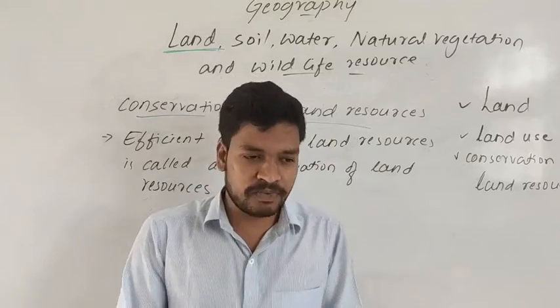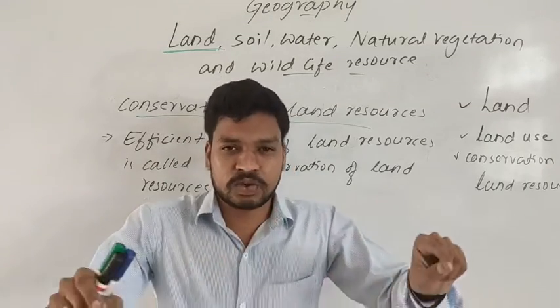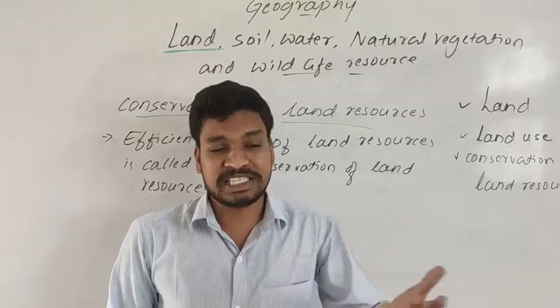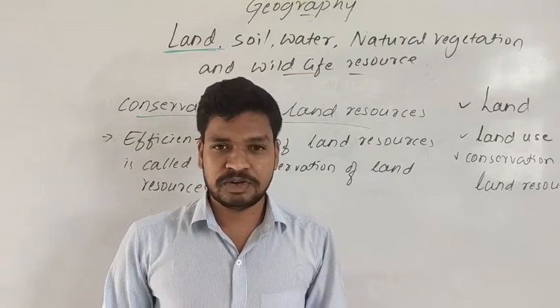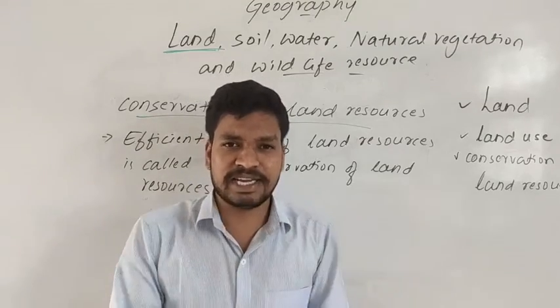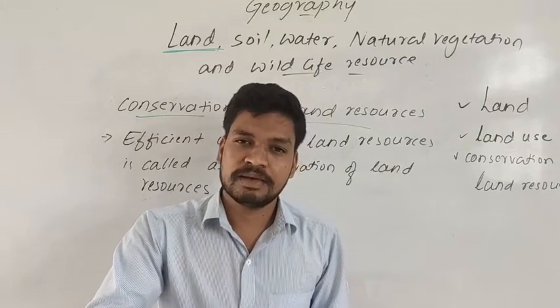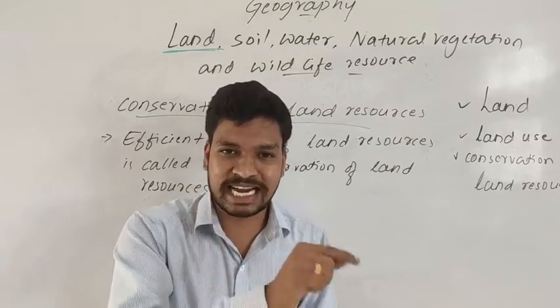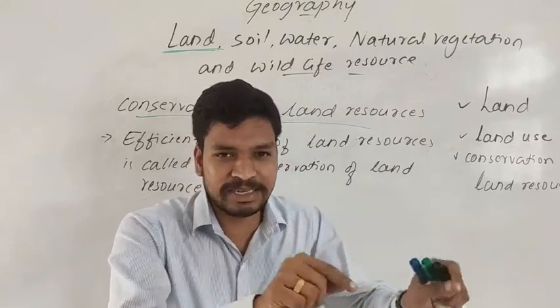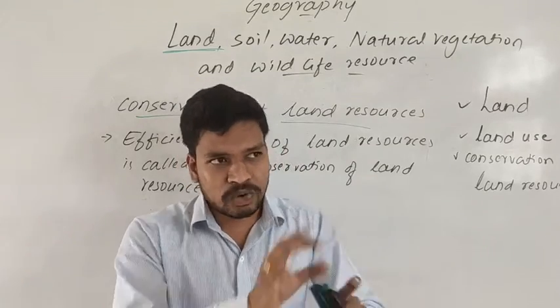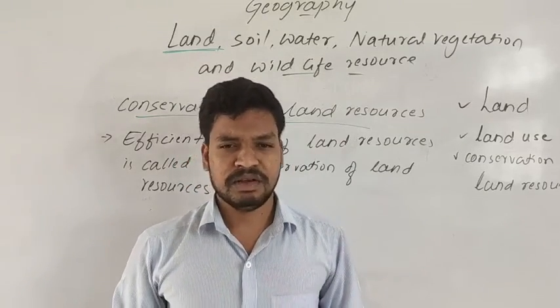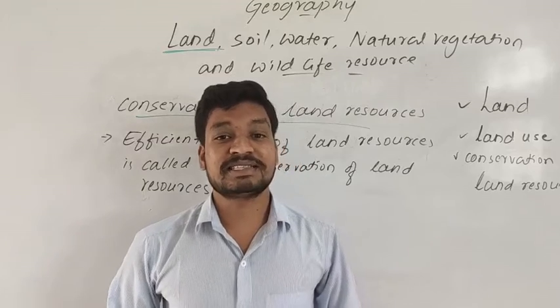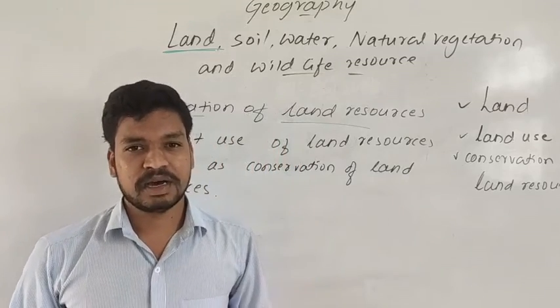But the land resources are limitedly available. We know the total landmass area, how much is available on the earth's surface. We know the stats because it's limited. Can you count the stars? No, because they are innumerable, uncountable.